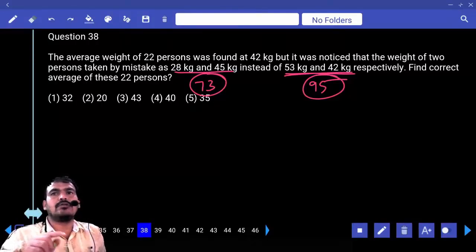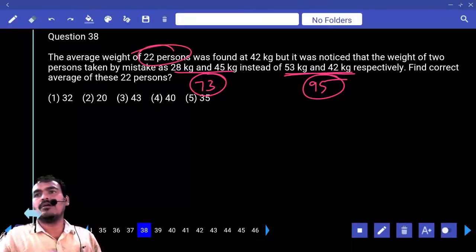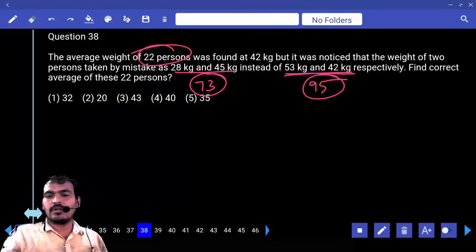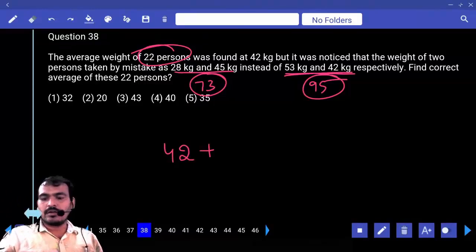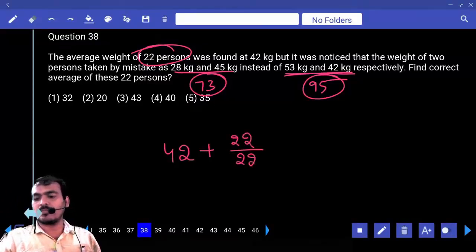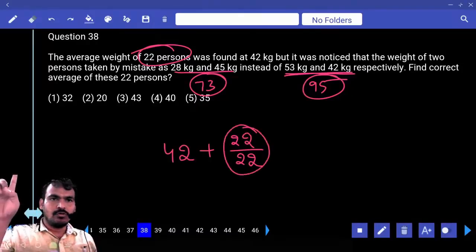Adding the 22, it will be distributed over all the 22 persons, so 22 by 22 means 1.